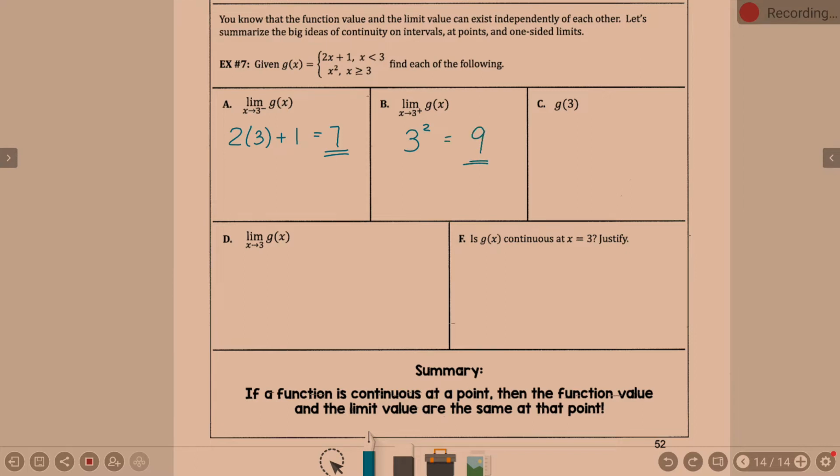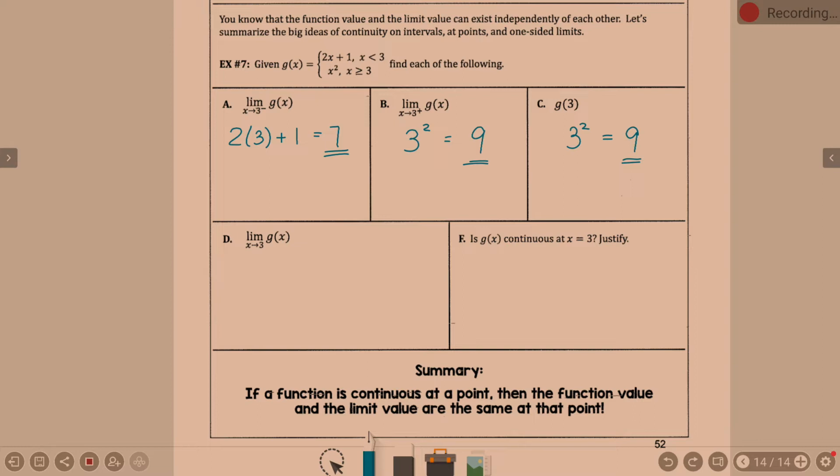Okay. C. G of 3. Okay, because on the bottom it says x squared and equal to 3, we're using the x squared portion, which means we're doing 3 squared again, which is 9. D, the limit as x approaches 3 of g of x.